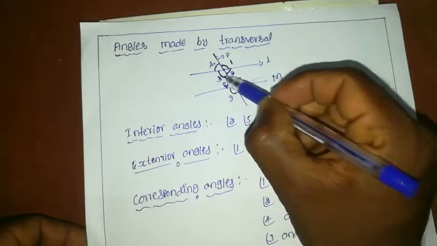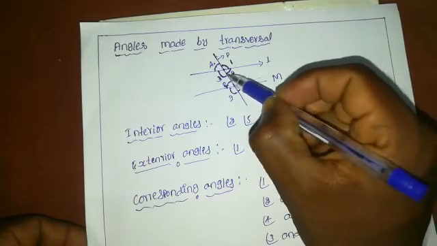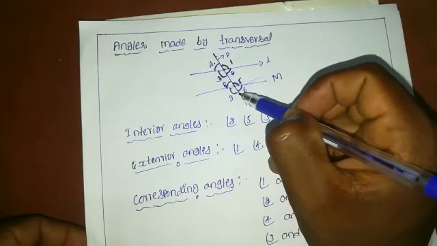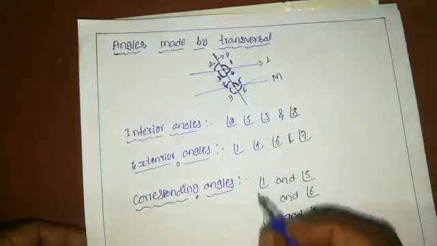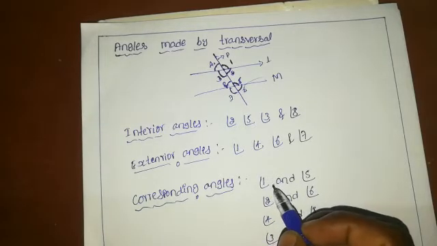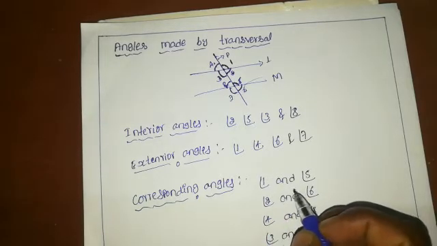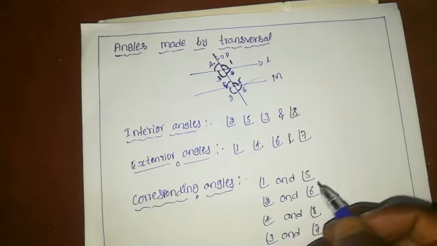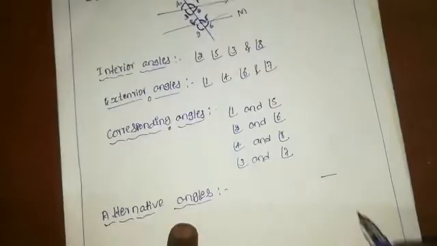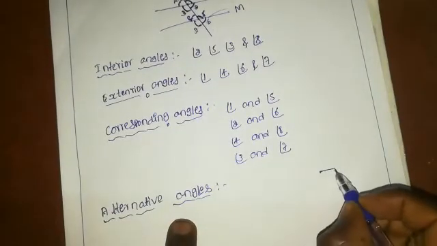The alternative angles have different vertices and are on opposite sides of the transversal, which means alternative angles are in a Z shape.